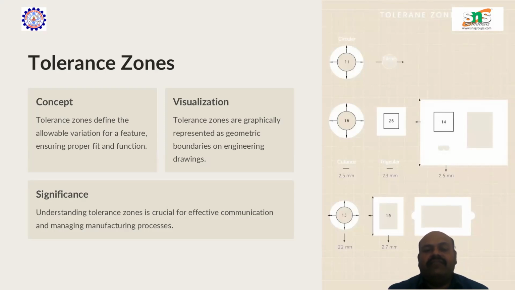These three fits determine how male and female parts get assembled. Visualization: tolerance zones are graphically represented as geometric boundaries on engineering drawings. Understanding the tolerance zone is crucial for effective communication and managing the manufacturing process.